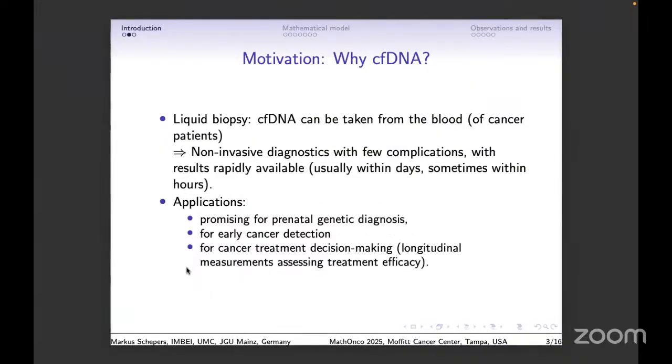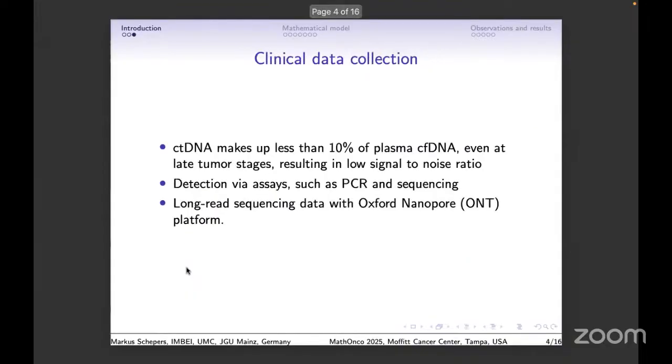So we have the prenatal use for genetic abnormalities in the embryo or fetus, for early cancer detection, and also for surveillance and monitoring in a longitudinal way. So how is the data collected?